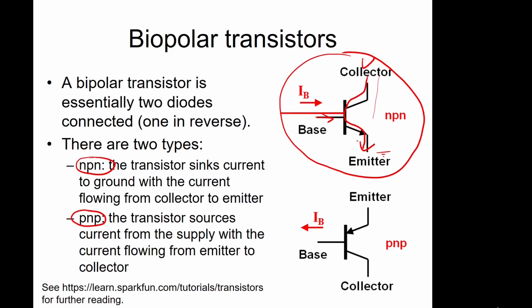These are known as current sinks because when you use an NPN, your load, whatever you're trying to drive, for example, a motor, goes on this side of the transistor. So the current coming from the motor is sunk to earth. So that's why they're known as sinking current.